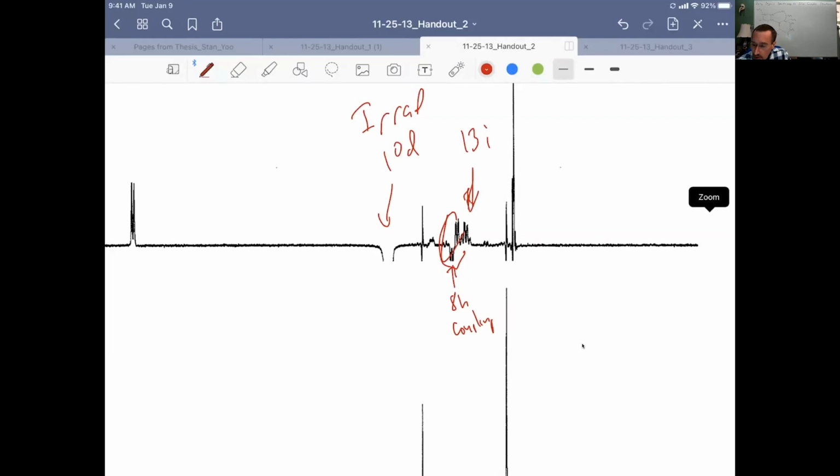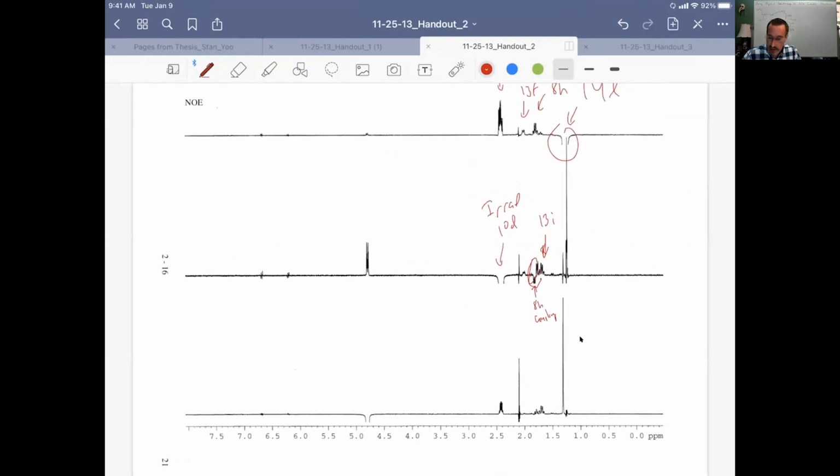Any net, remember, will have a negative area for this part that's going down and a positive area for the part that's going up. So I'm not nearly as interested in that. Plus, it's kind of a trivial NOE because it's a 1-2 NOE. And then notably, we get enhancement of 7C.